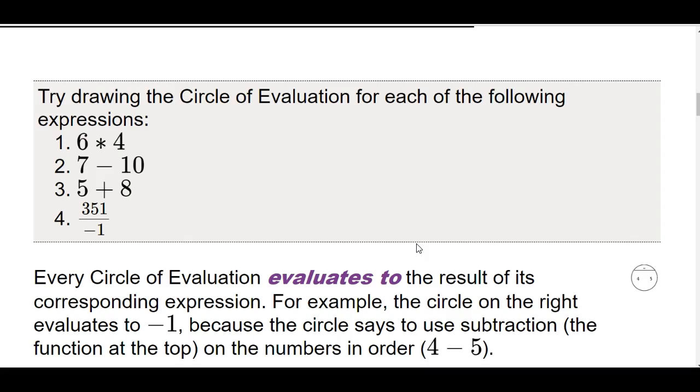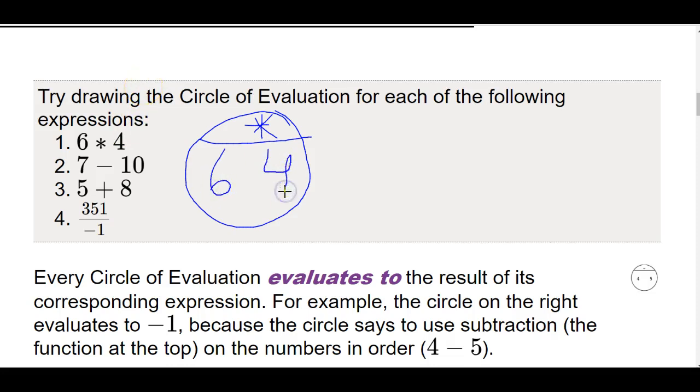Okay, so now I'm going to show you what I get when I do it, and hopefully you got the same thing. So here we go. 6 times 4. Well, I know that that is multiply, so I'm going to put this asterisk. Asterisk is what we use for multiply over here, right? And the two numbers I'm going to multiply are 6 and 4, right? This one is 7 minus 10. So I'm going to make a circle for that. I'm going to put the minus sign in front.